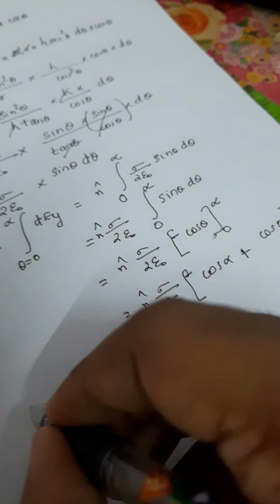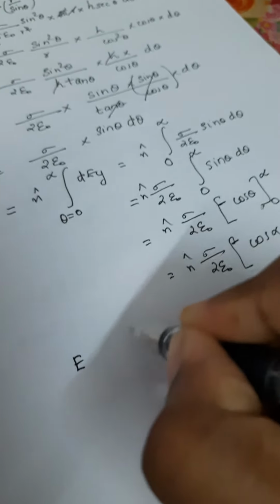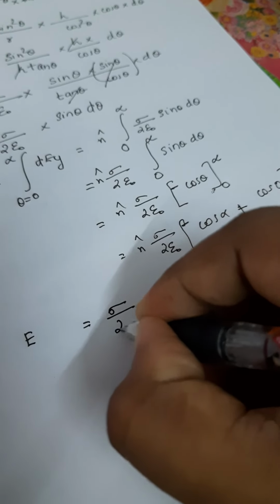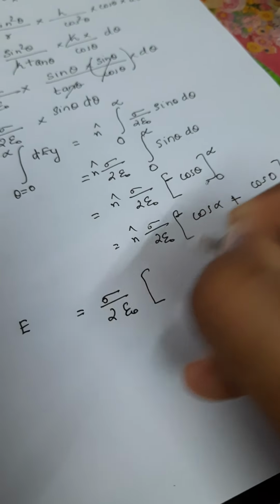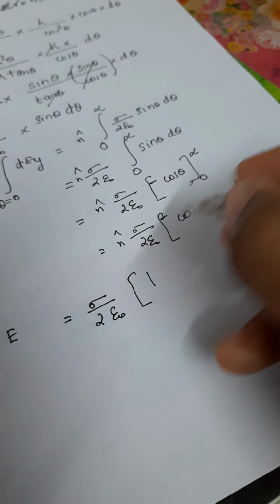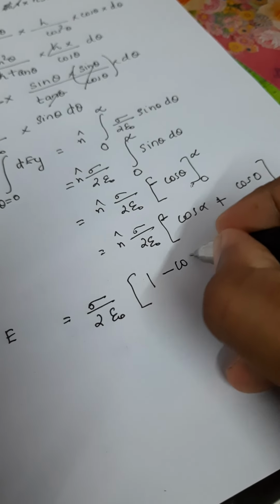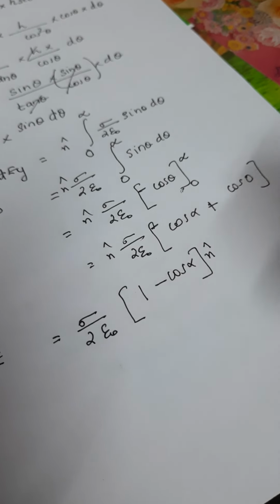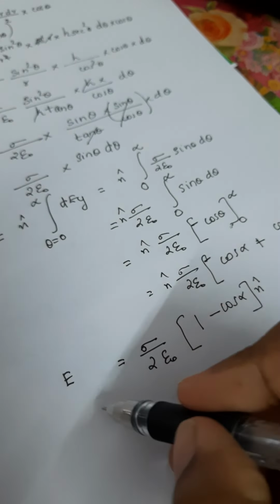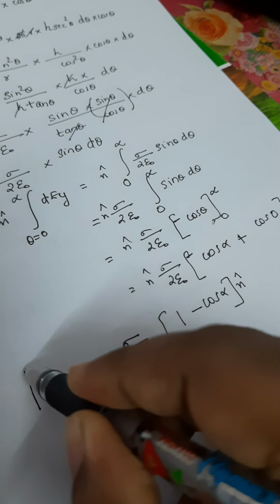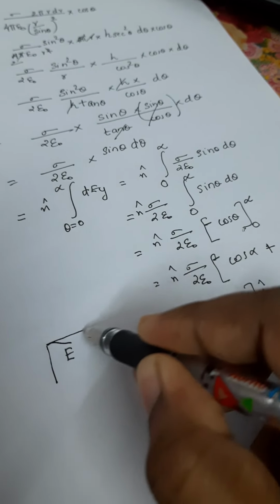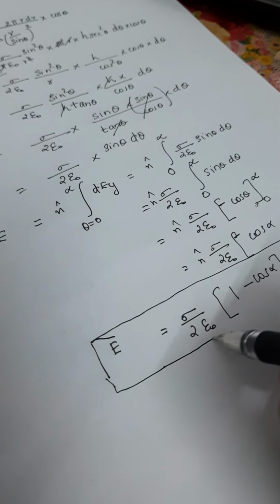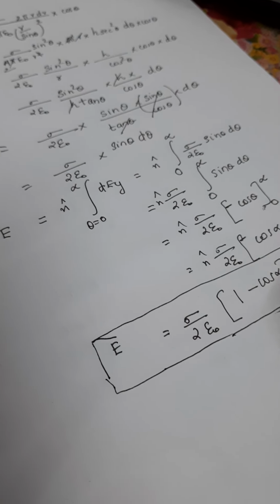So the remaining is E equal to sigma by 2 epsilon 0 into 1, since cos 0 is 1, minus cos alpha. The direction is normal. So this is the intensity E due to this circular disc: E is equal to sigma by 2 epsilon 0 into 1 minus cos alpha.